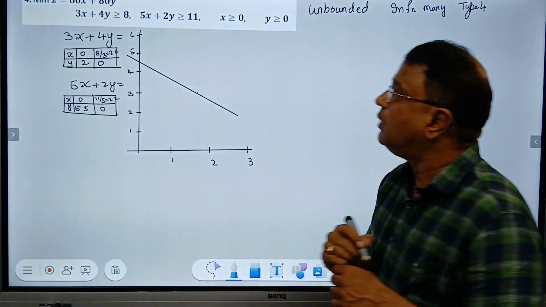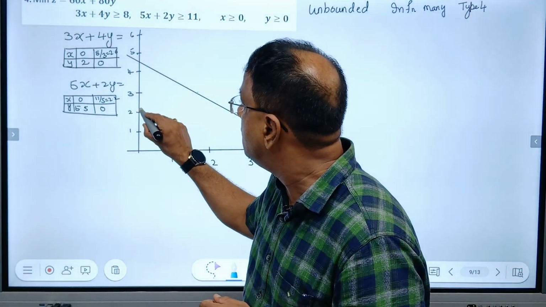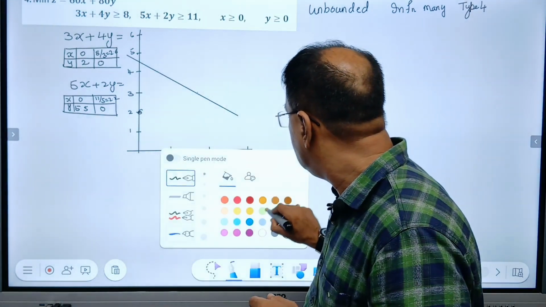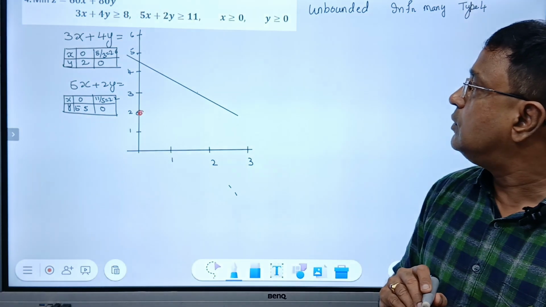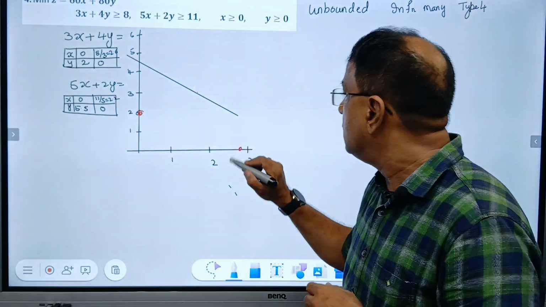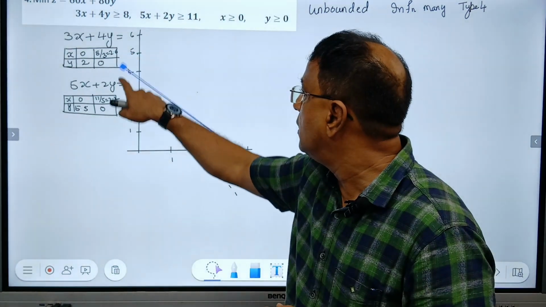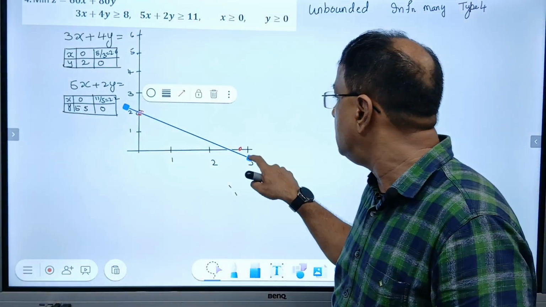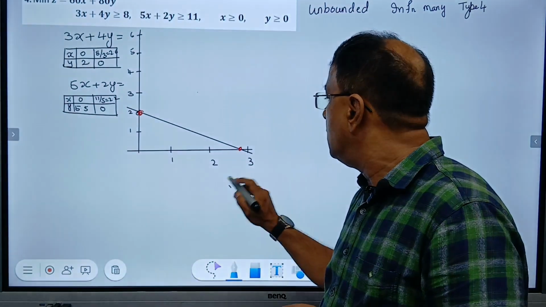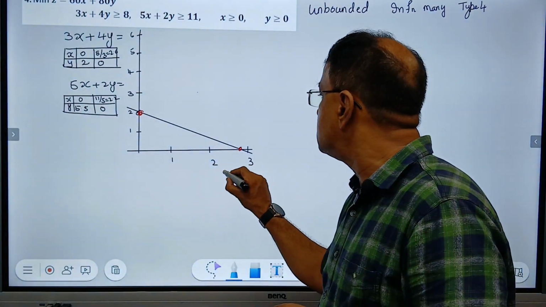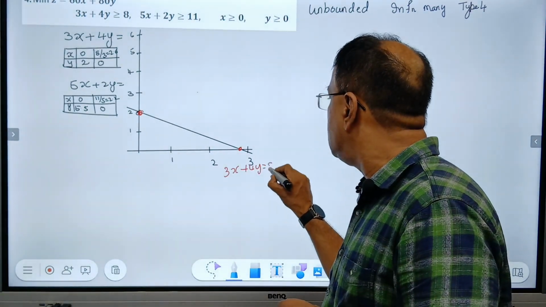Now I need to plot 0 comma 2. 0 comma 2 is here, and 2.6. So now I have to join this. I joined it, and the equation is 3x plus 4y equal to 8.